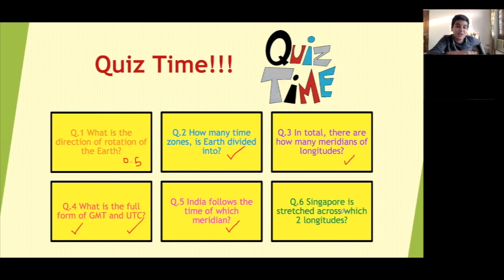What are the values of those longitudes? 97, 98. No, wrong. It is in hundreds, we discussed earlier. 4.5 out of 6.